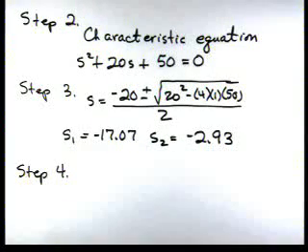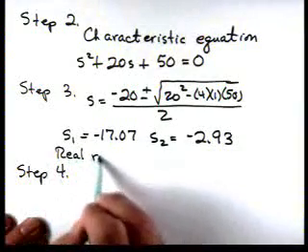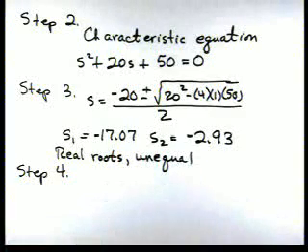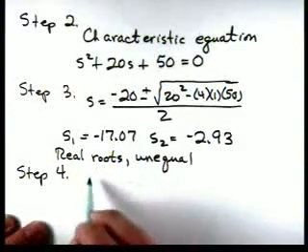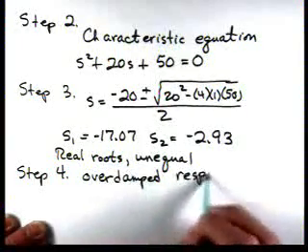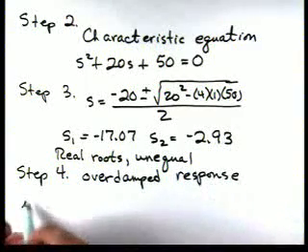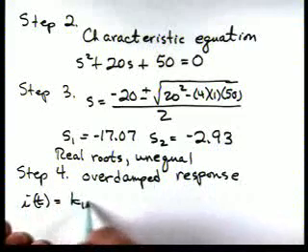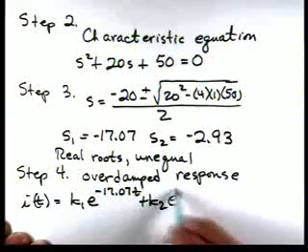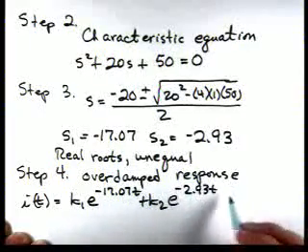So we have real roots that are unequal, and then we know that our response is overdamped, and it's of the form K1 e to the minus 17.07 t plus K2 e to the minus 2.93 t plus K3.